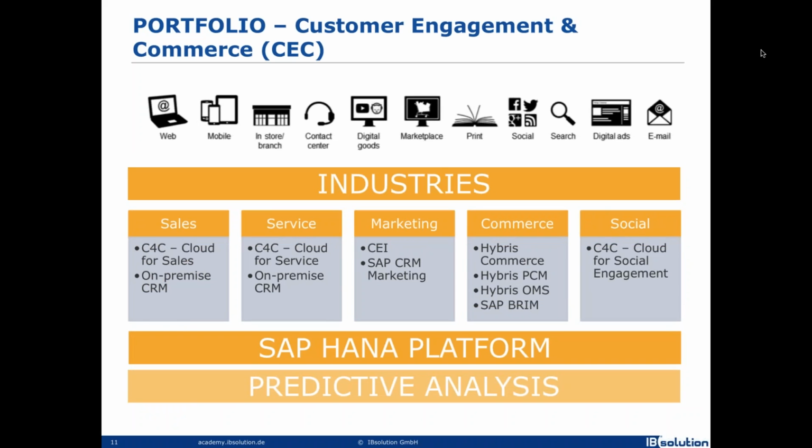It's customer engagement, regardless of the channel of communication. And using the HANA platform, the powerful predictive analysis, and of course the industry solutions, SAP tries to deliver on all these important areas. Sales, service, and social areas are integral parts of the Cloud for Customer solution.